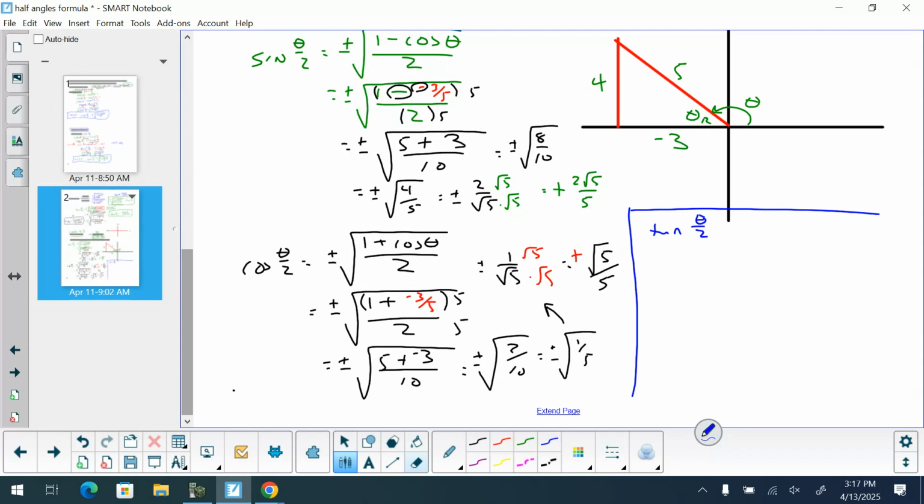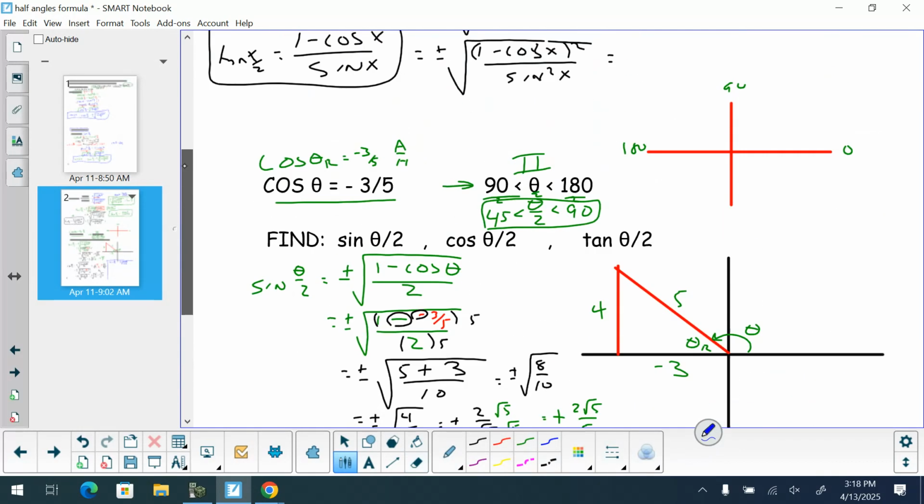theta divided by 2. Once again, you can choose any one that you want. My preference is dealing with 1 minus the cosine of theta divided by sine of theta.